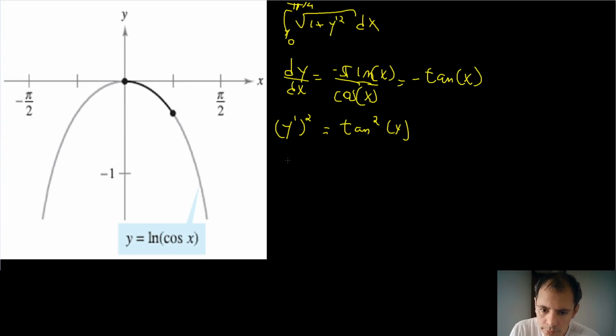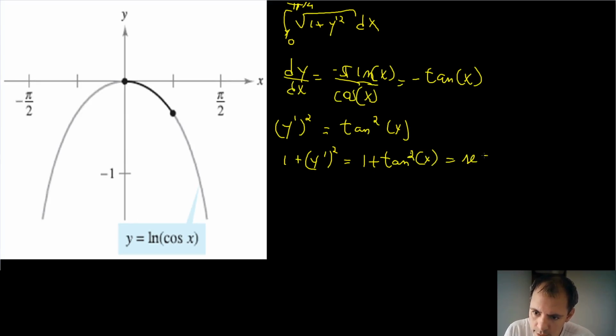So it's the integral. Oh yeah, there's something else. You see, 1 plus the first derivative squared equals 1 plus the tangent squared of x, which equals the secant squared of x. Right?